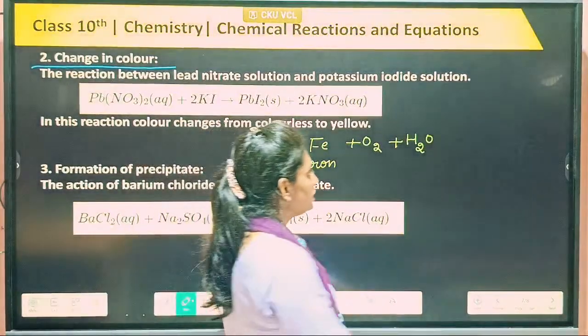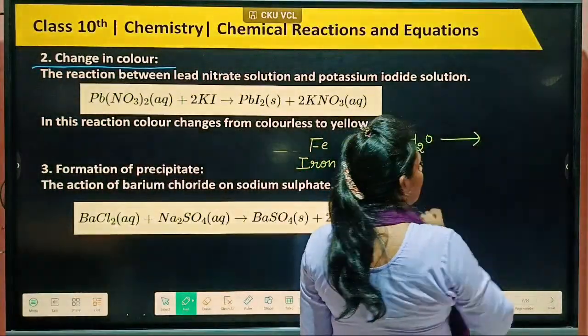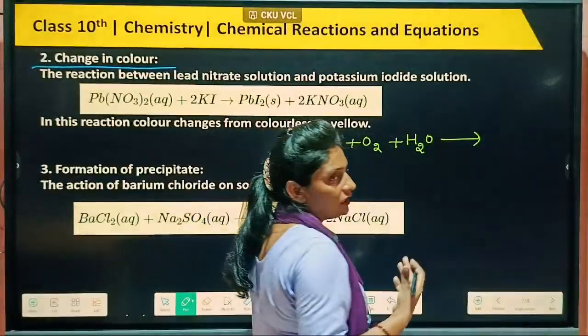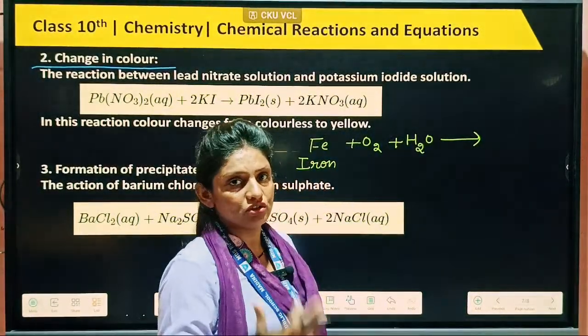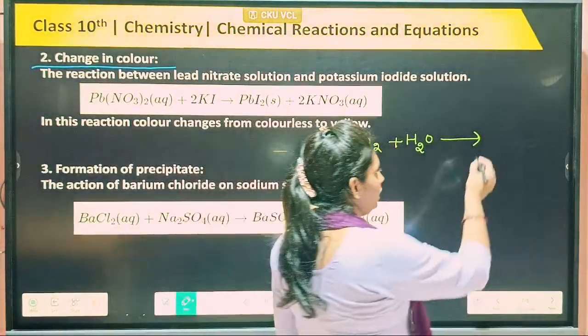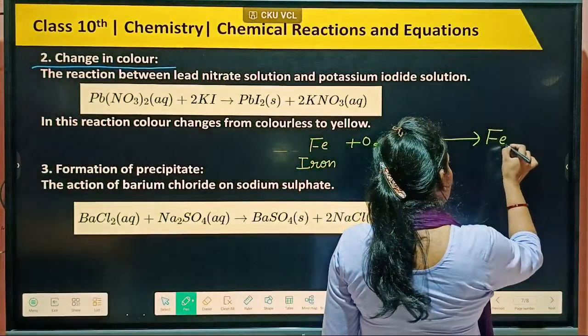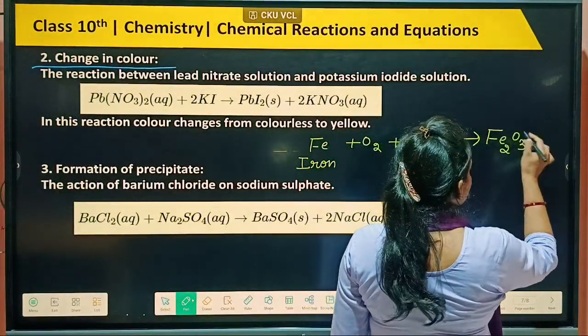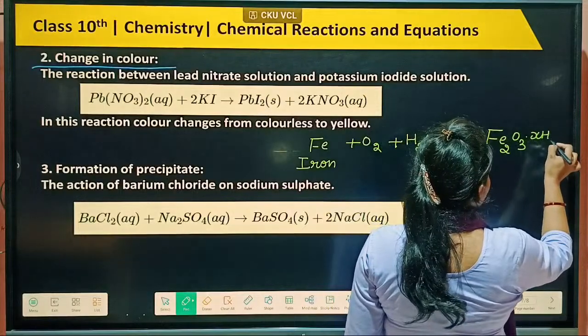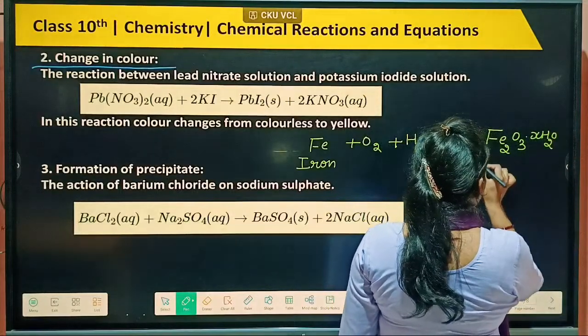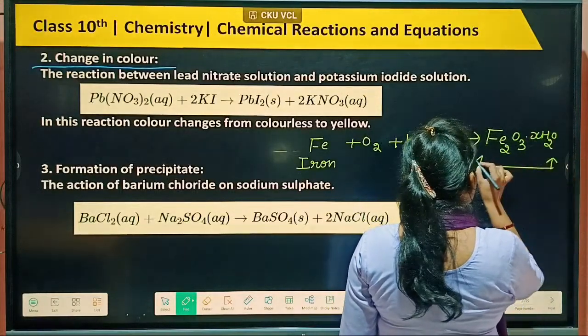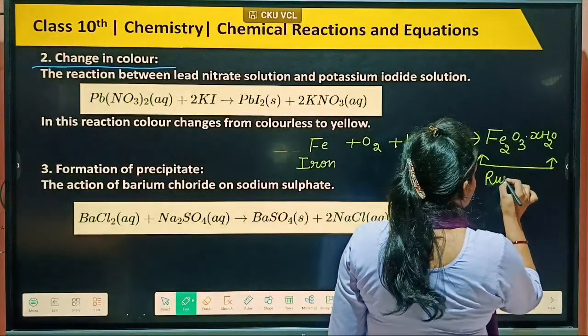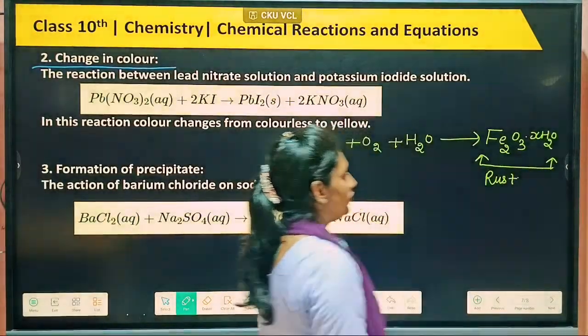Then students, it produces a reddish brown color layer on its surface, and that reddish brown layer is known as rust.